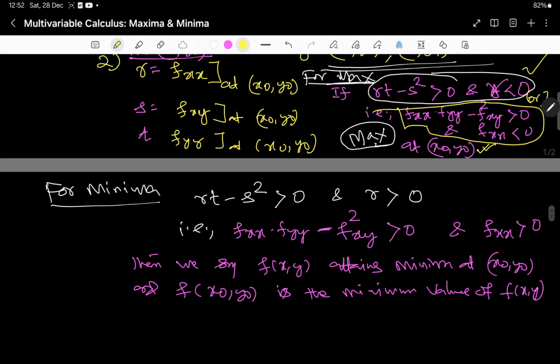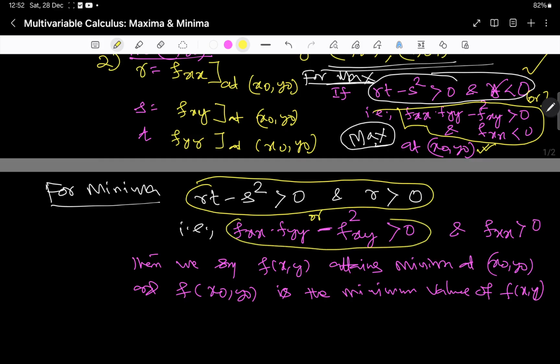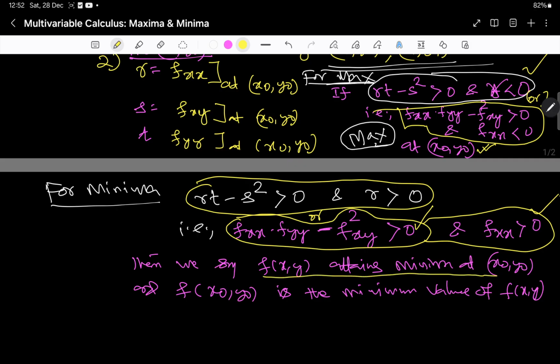And for minima, both are positive, right? Alternatively we may write it in this way, instead of writing r s t, directly like this. And both are positive. Then we say f of x y attains the minimum value at x0 y0, and this minimum value of the function is f of x0 y0.